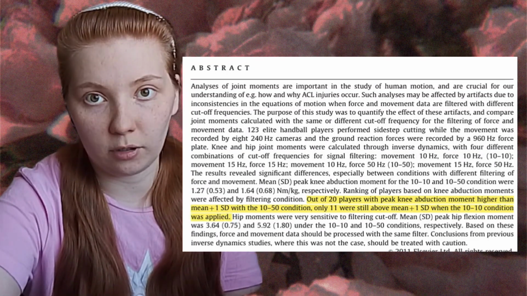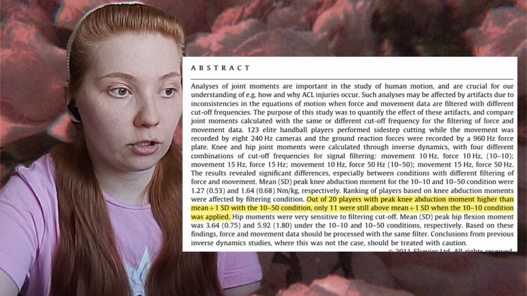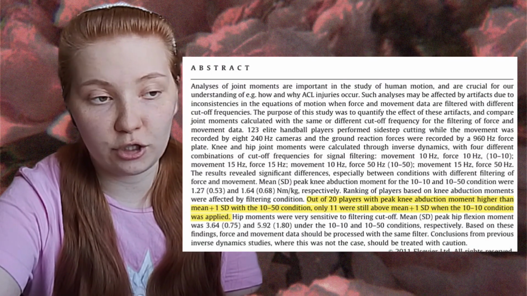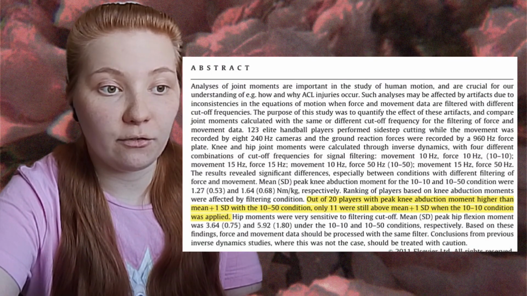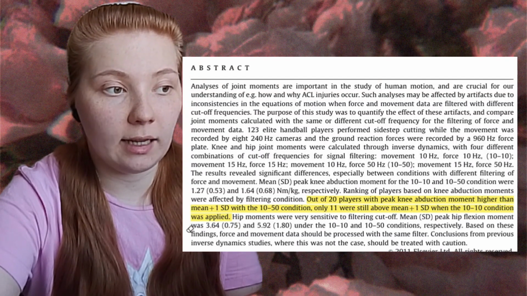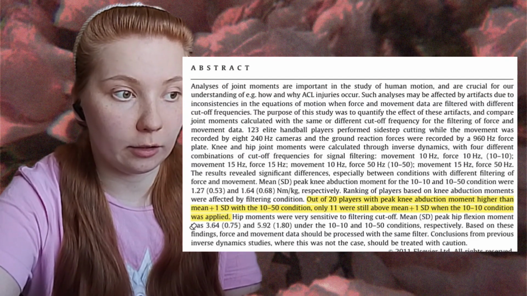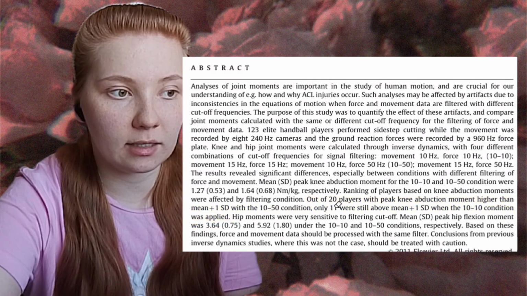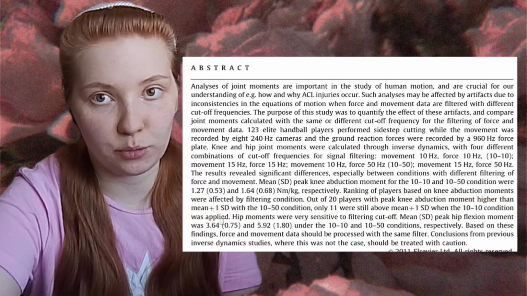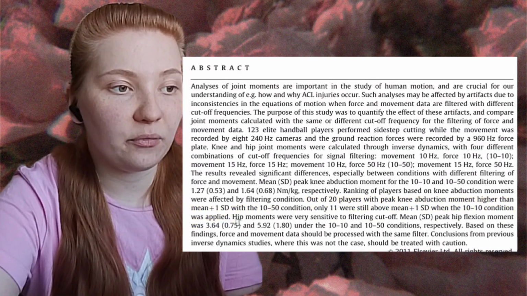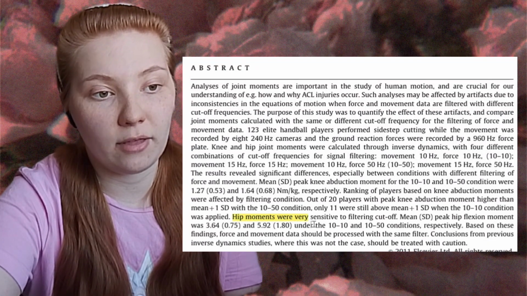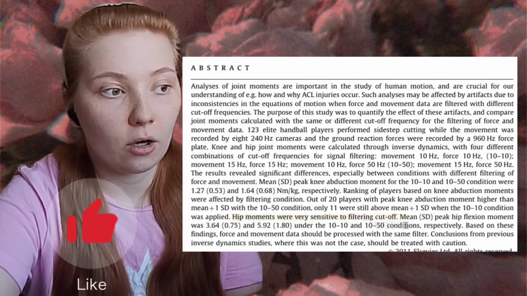Mean plus 1 SD is a threshold that typically indicates someone is above average, often used in clinical screening, and the fact that only 11 out of 20 stayed above this threshold with consistent filtering shows how much filtering can change interpretations.